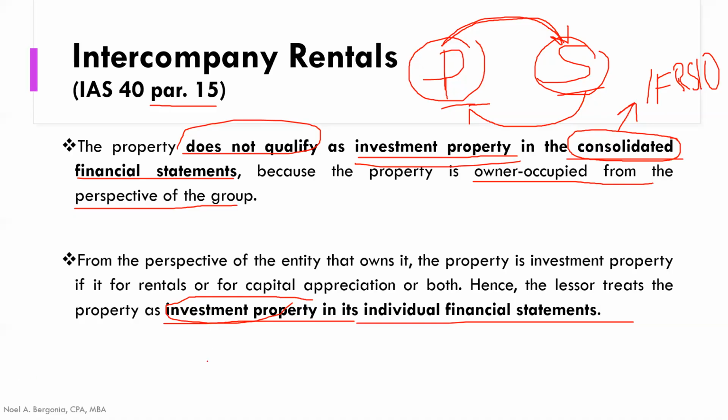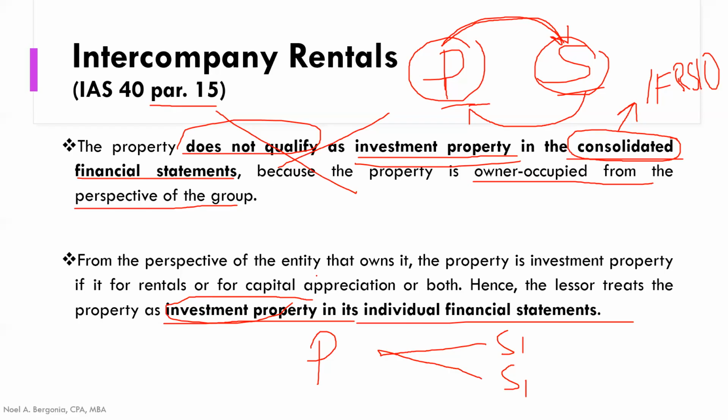Pero kapag kinonsolidate na ni parent, the consolidated financial statement will not have any investment property. I hope that is clear. On our next slide, we will show how this intercompany rentals works. Again, if you have questions, please let me know.